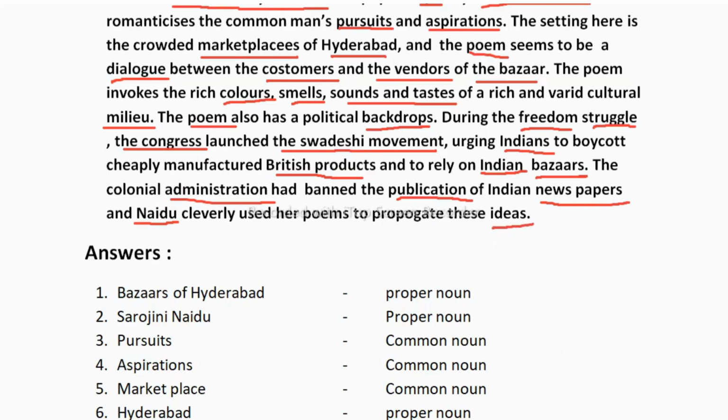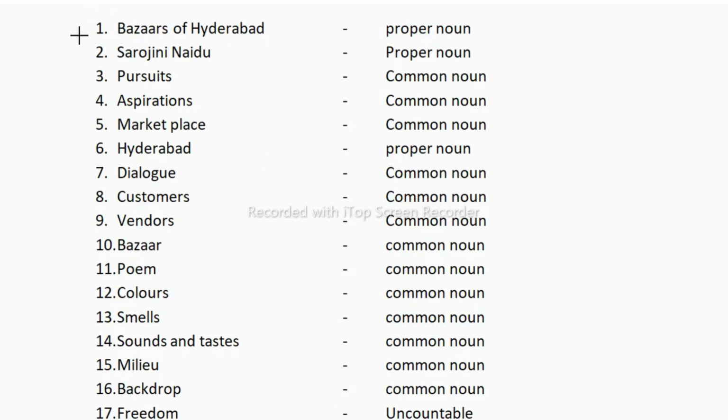So all the underlined words you can see here on the screen are nouns. You can pause the video and note down in your notebook, or you can take a screenshot and afterwards note it down in your notebook. Now let us see which nouns are proper and common, or whether they are uncountable or countable nouns. Here you can see Bazars of Hyderabad, which is a proper noun. Sarojini Naidu is a proper noun because it names a specific person.